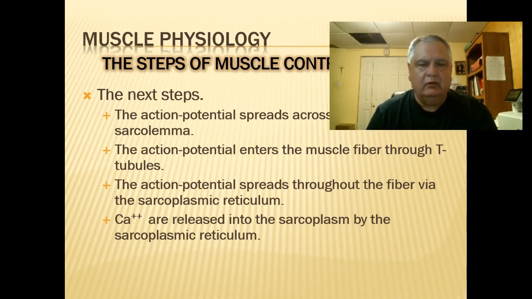In the cisternae, there are calcium pumps that constantly pump calcium that might enter a muscle fiber out of the cytoplasm and maintain it inside the cisternae. But when an action potential spreads over the sarcoplasmic reticulum, calcium ions are released into the sarcoplasm, that is to say, the cytoplasm of the muscle fiber, by the sarcoplasmic reticulum.